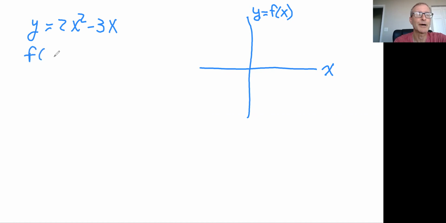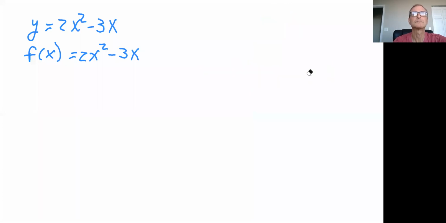So we could replace the y with the f of x, and that would be 2x squared minus 3x. So given this format, we have this way of evaluating the functions in a variety of different ways.